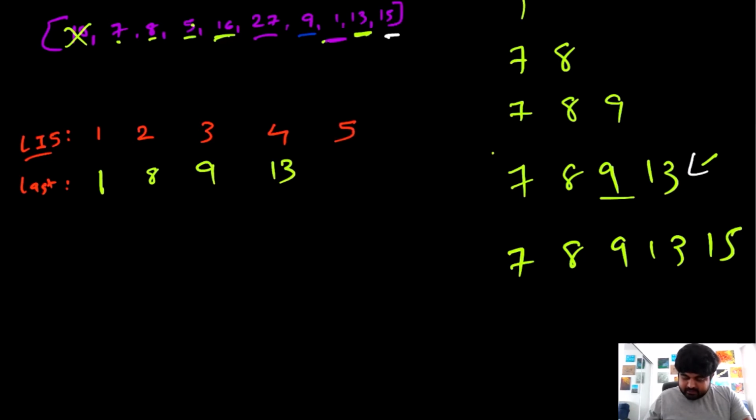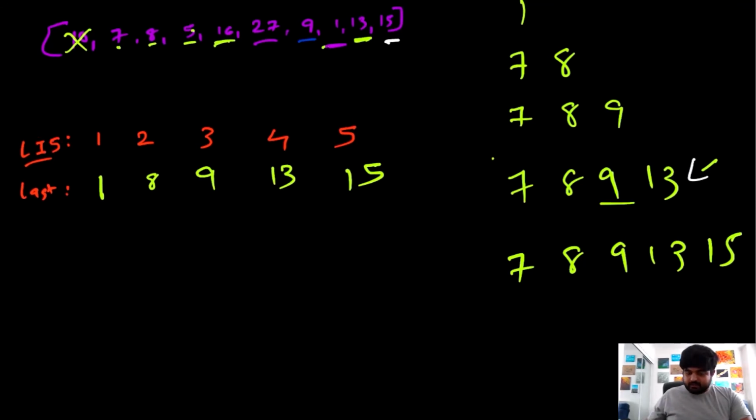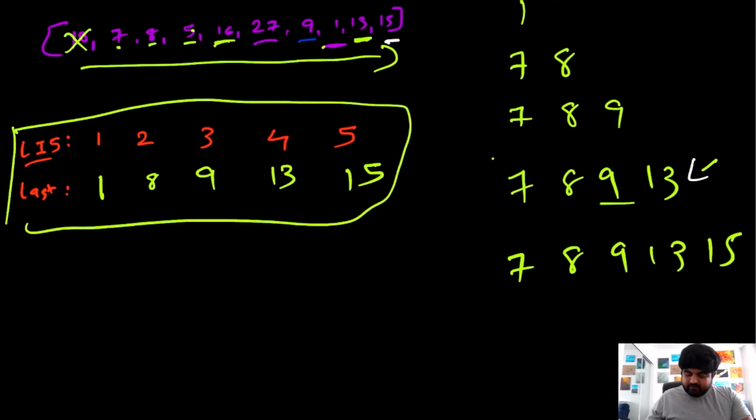So we will have a substring of length 5, and the last digit for that would actually be 15, and this would be the end of our array. And since we have reached the end, we just need to iterate over this one and find out what is the biggest length we were able to find, and we just simply return this value. So this is as simple as it can be.